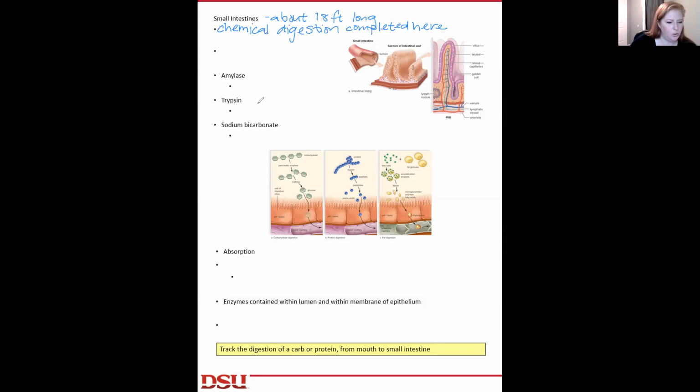Okay, so to finish the chemical digestion in the small intestines, we have enzymes provided by the pancreas.